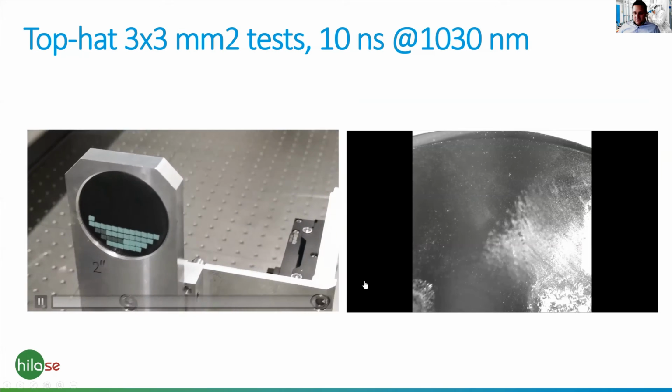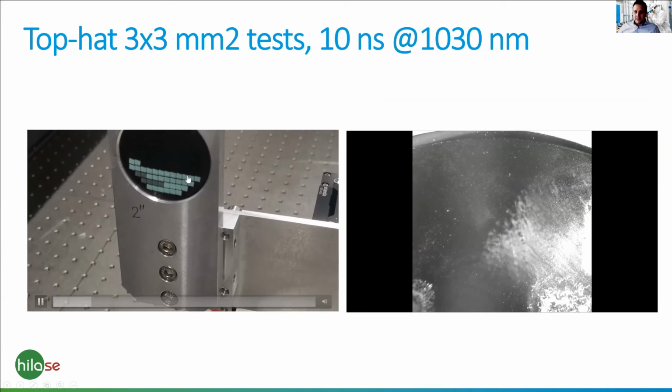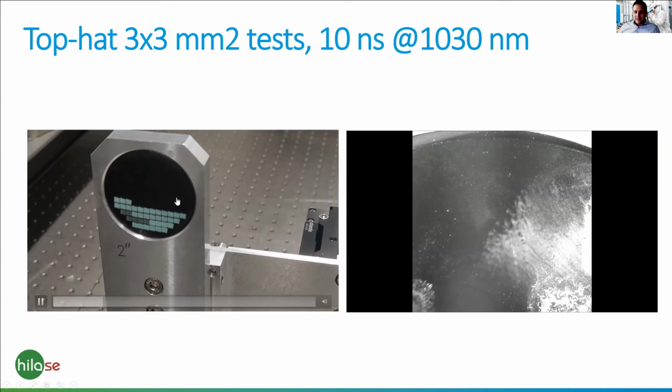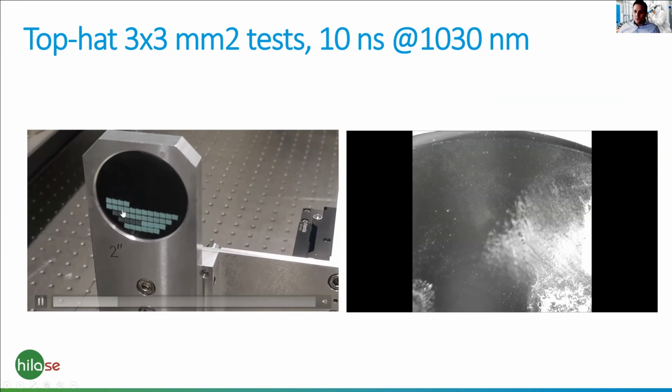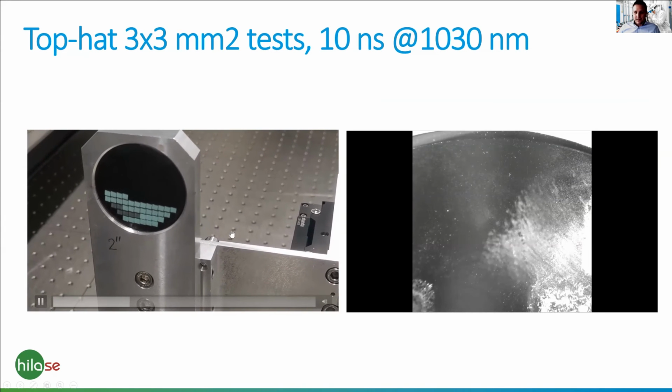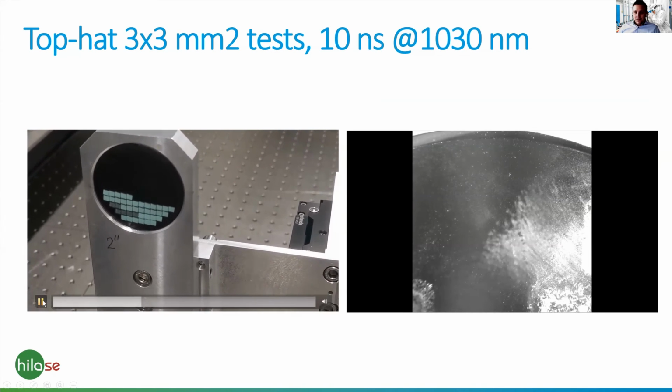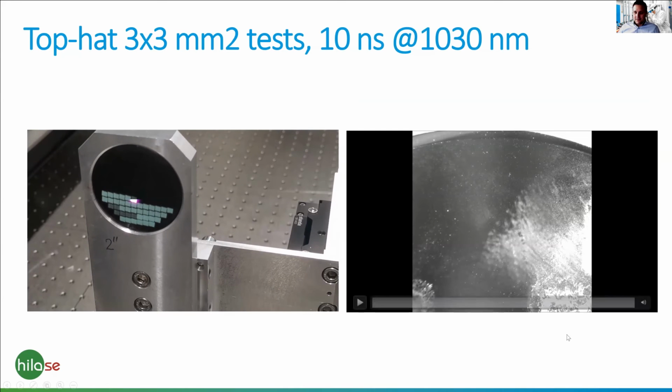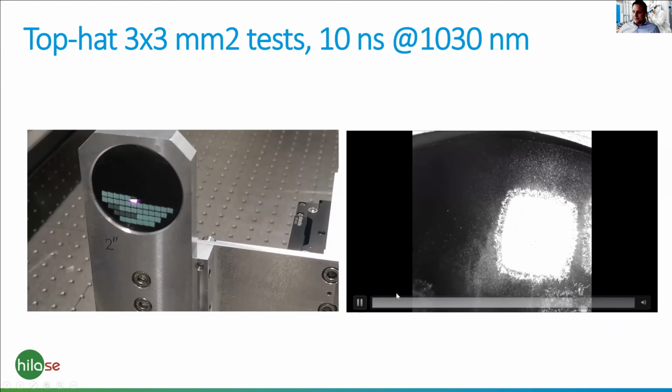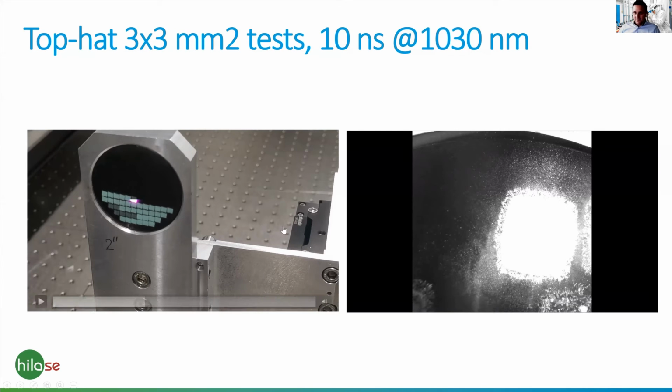This is the example when we use the top hat test to test the absorptive coating. You see that test was basically a failure because the absorptive coating was burned at a fluence at which it shouldn't be burned. This is the test of the anti-reflection coating on the YAP crystal with the big beam.